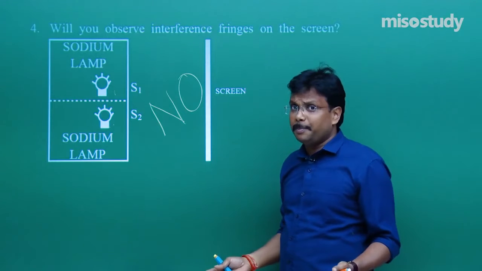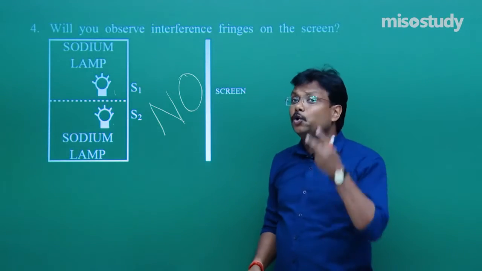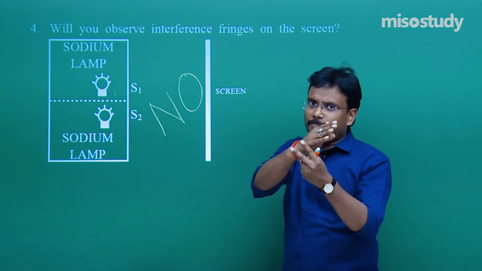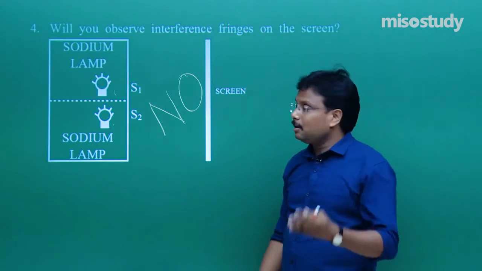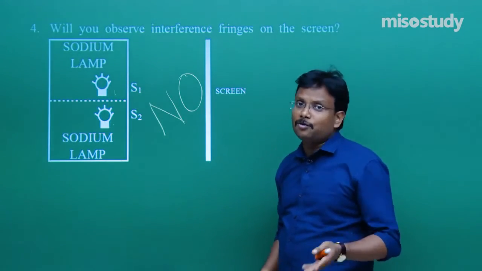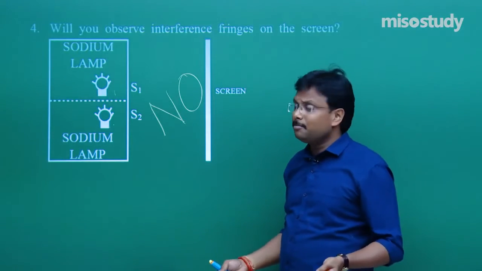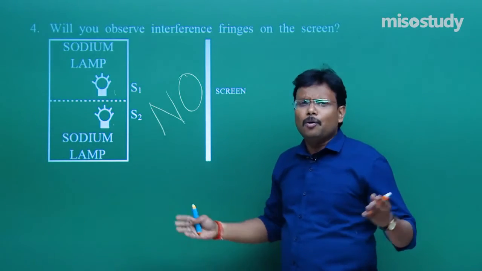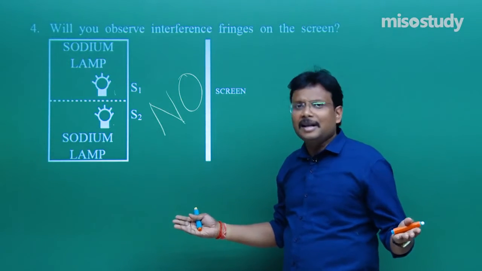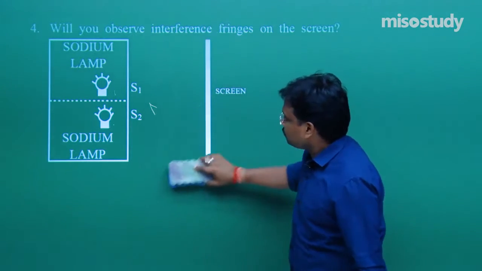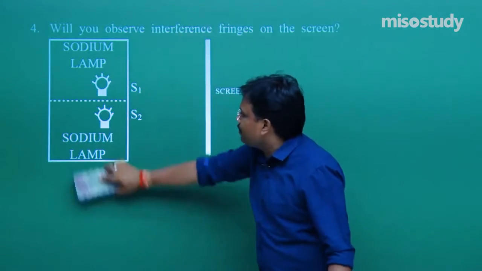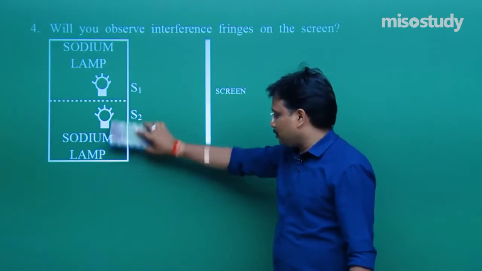For an interference pattern, we have to create two sources from a single source. Only then will we get the pattern, but over here it is not like that. So we will not get any type of pattern because the sources are not coherent, and so on. Like this you can explain this particular question. So all these questions are correlated.